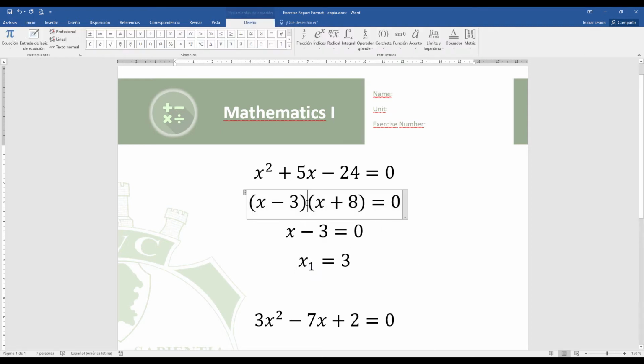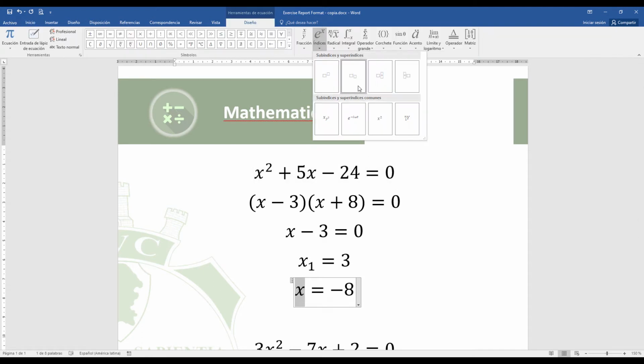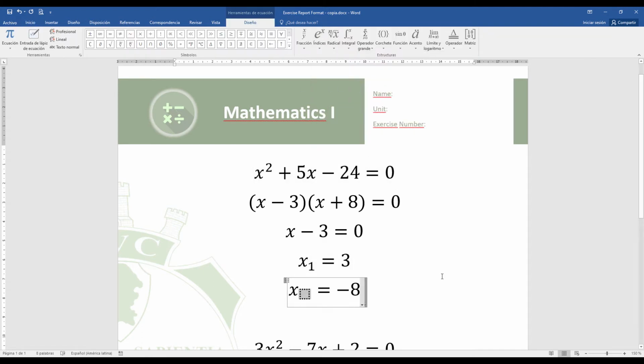And here you need to use the other factor. You need to get out of the parentheses again, and this is 8, so it passes as minus 8, and this is x number 2.